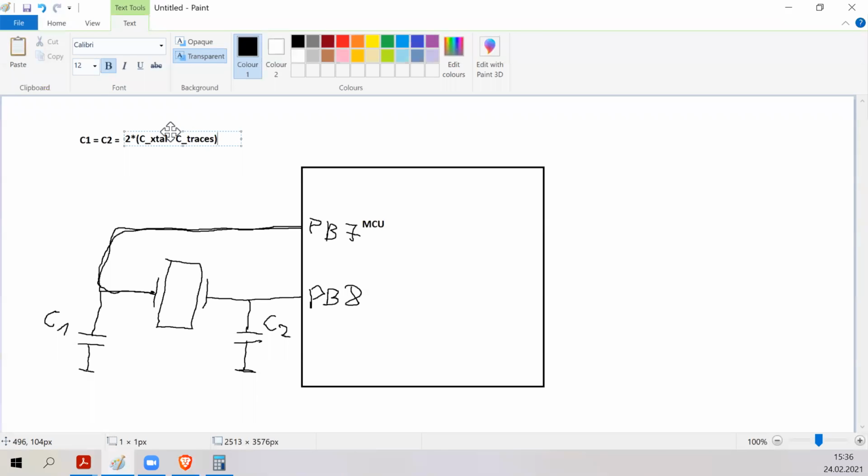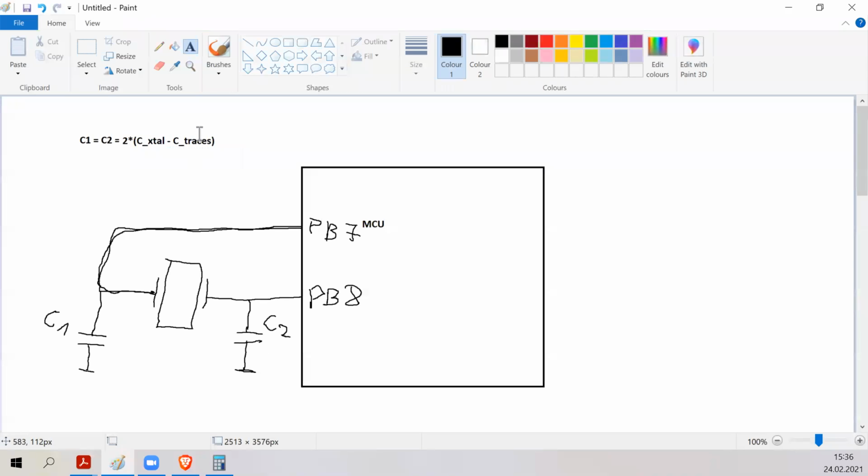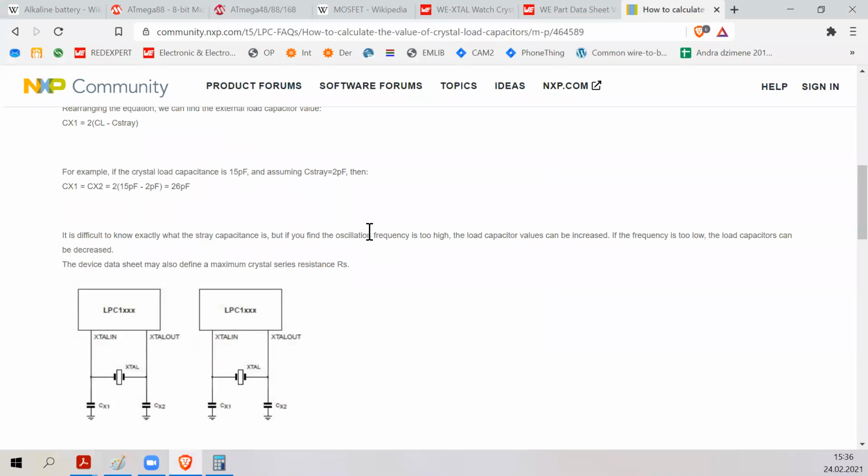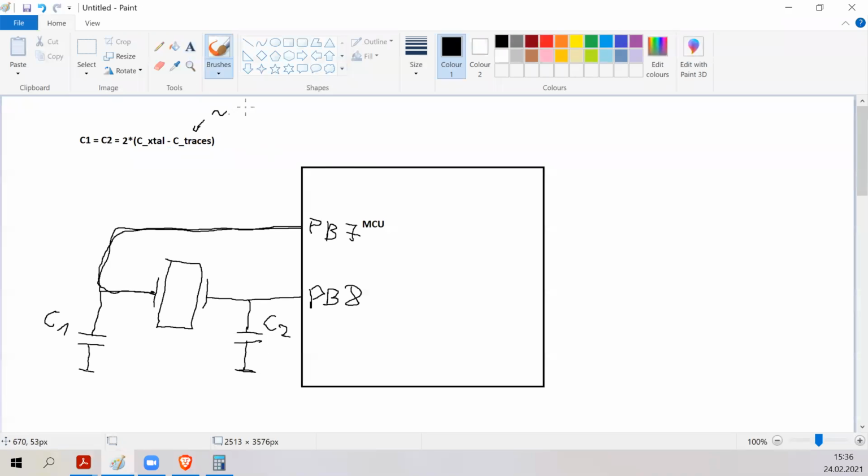And usually the capacitance of the traces is just approximately 1 to 3 picofarads. So usually everybody just chooses 2 picofarad approximately. So it's something like 1 to 3 picofarad.